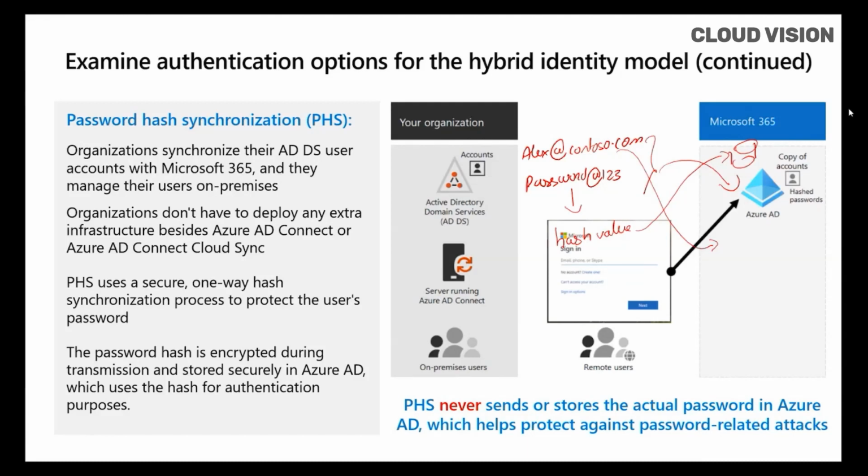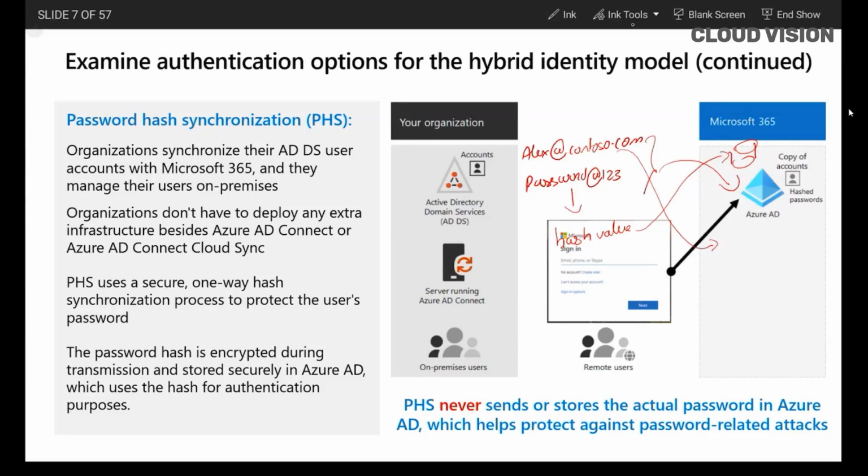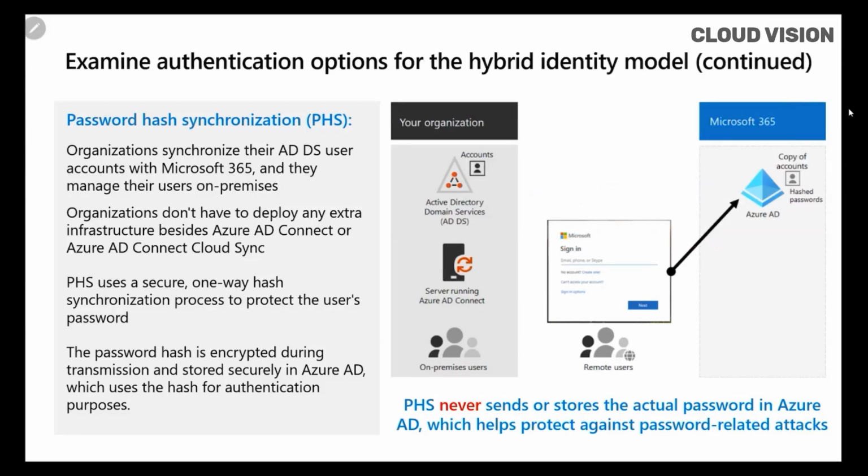Now, if a user wants to sign in and use any Azure Active Directory or Microsoft 365 service like Exchange Online, the user will enter his credentials like maybe alex@contoso.com, and then enter the password as well.